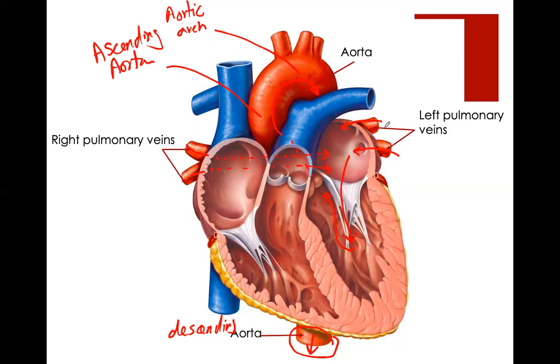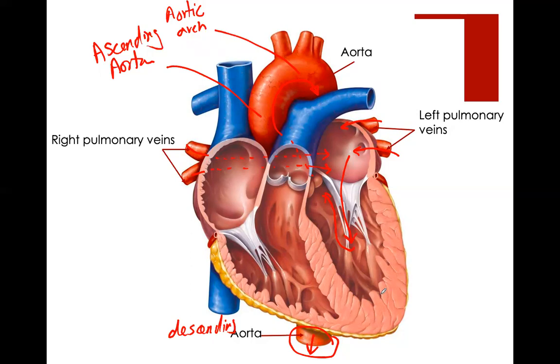Now, if you compare the atria to the ventricles, so the two top chambers versus the two bottom chambers, you notice that the atria barely have any myocardium versus your ventricles. So look at the layer, pretty thin. Look at these layers, pretty thick.